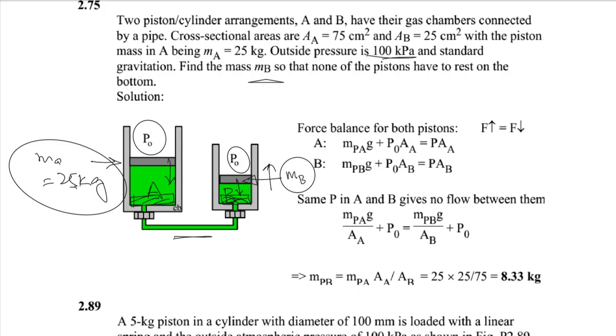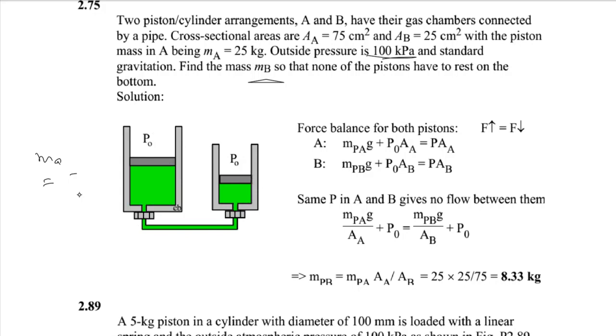So the question is to find the exact mass of B so that none of the pistons has to rest on the stop. First, the condition is that we have to find such a mass that none of the pistons rests on the stop.